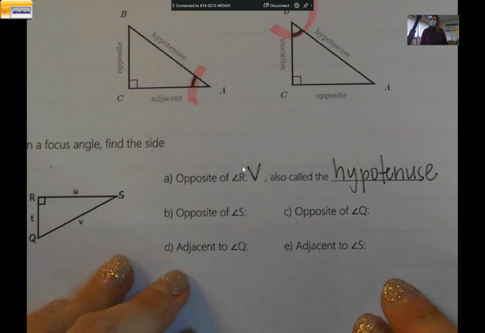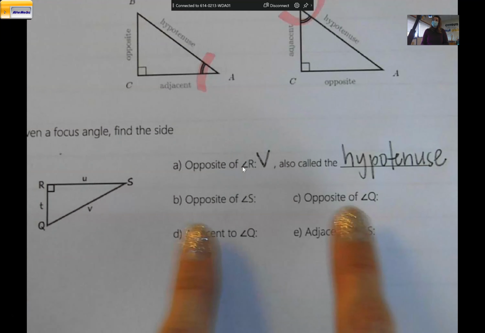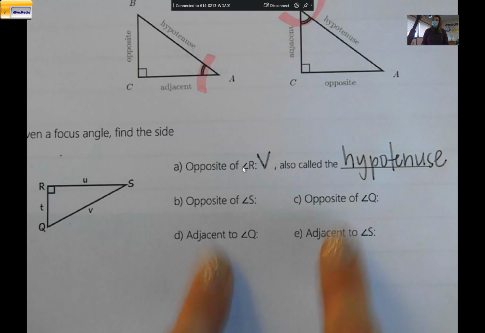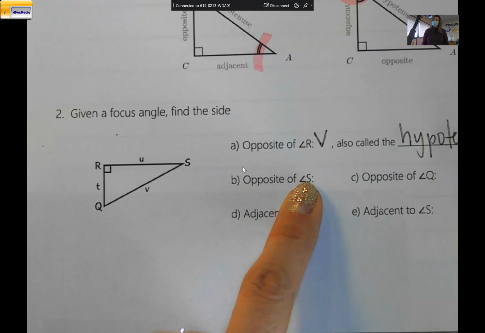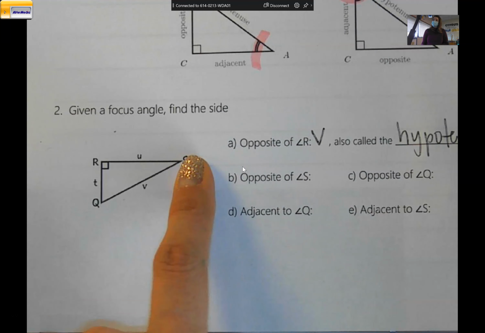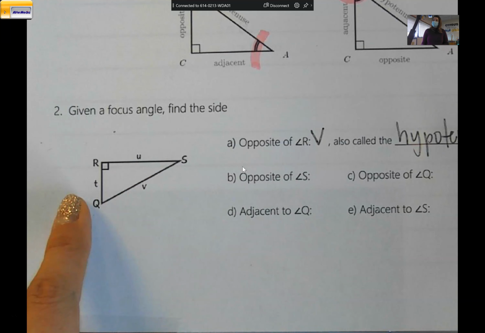So you guys try B, C, D, E. The first one wants to know what is the opposite of S. So you go to angle S, you go to the side opposite S.